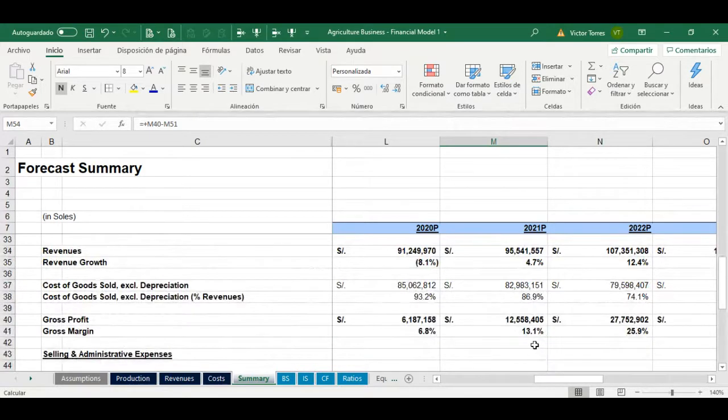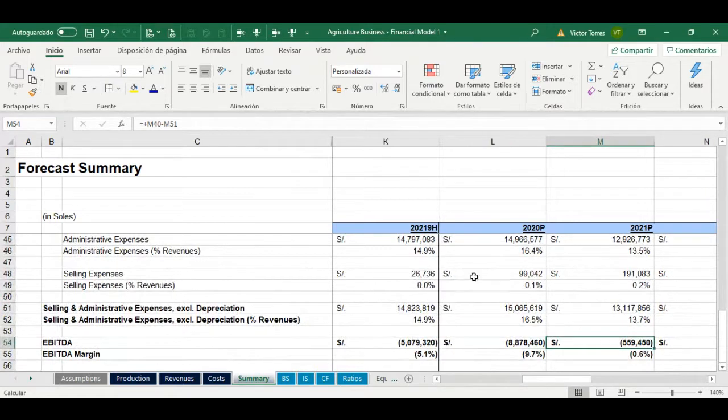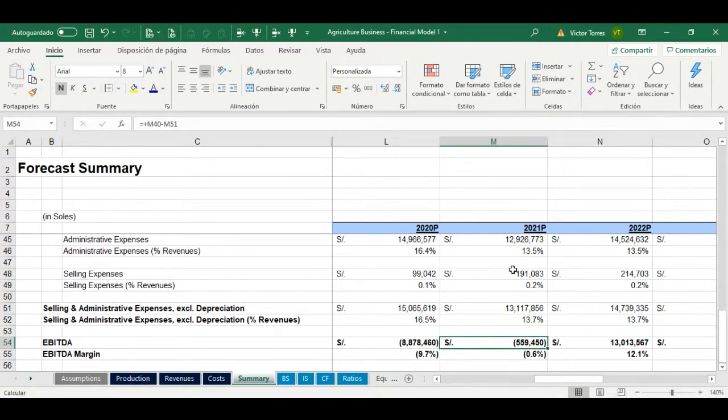But in this particular case, it was because in 2020, the company was planting additional sugar cane that it was expected to receive 2 years after that, in 2022, that is going to help them generate additional revenue. That's the explanation that goes behind this drastic change on EBITDA from 2021 to 2022, right?